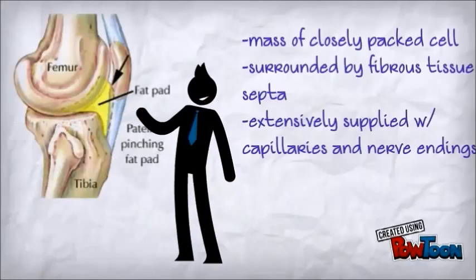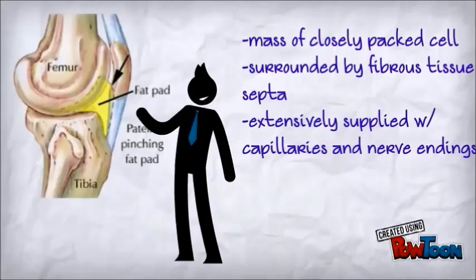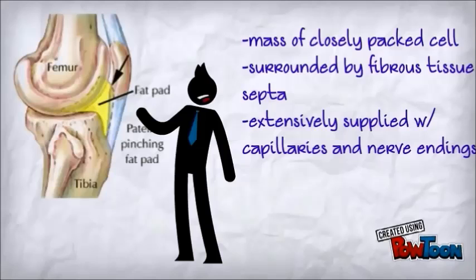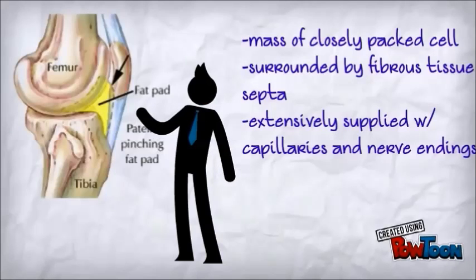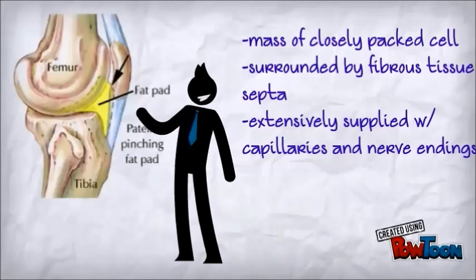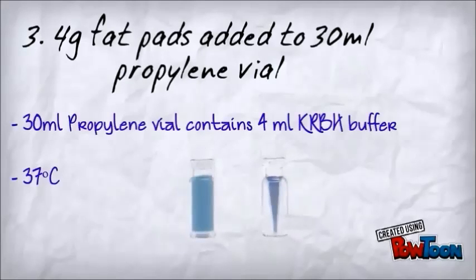A fat pad here refers to a mass of closely packed fat cells surrounded by fibrous tissue septa, extensively supplied with capillaries and nerve endings. For instance, intra-articular fat pads. 4 grams of fat pads is added to a polypropylene vial containing KRBH buffer at 37 degrees Celsius.